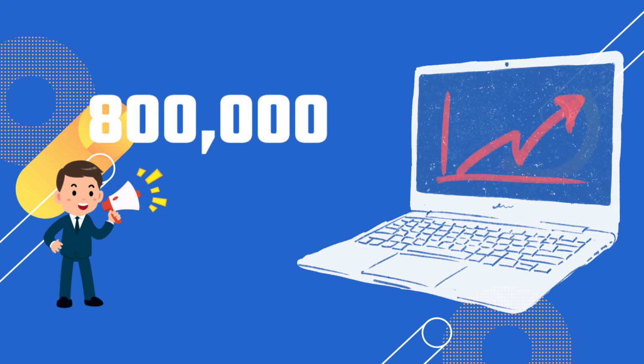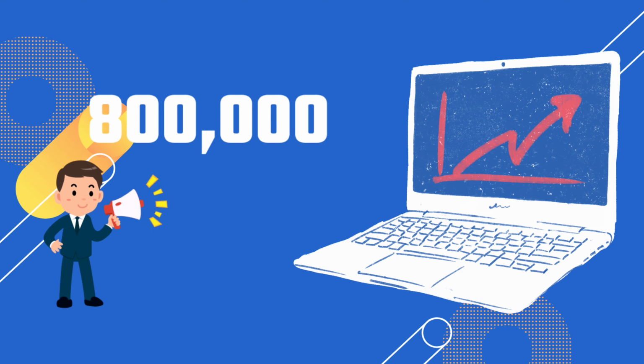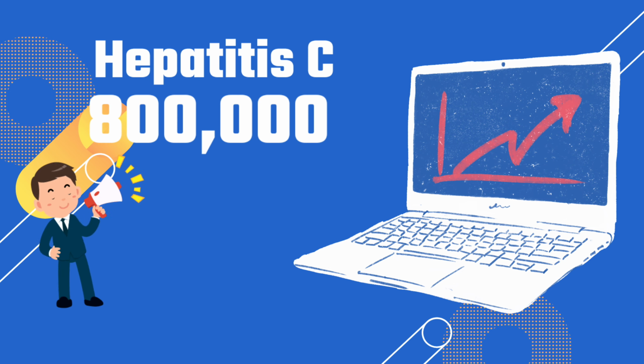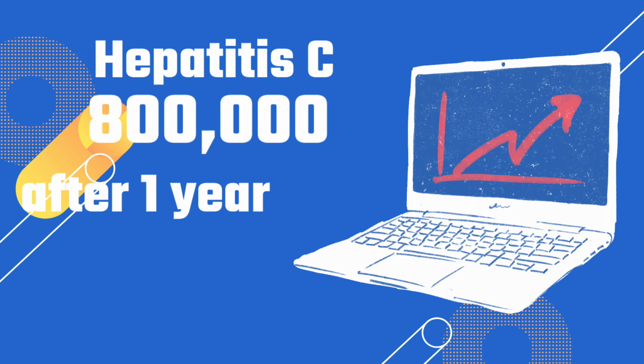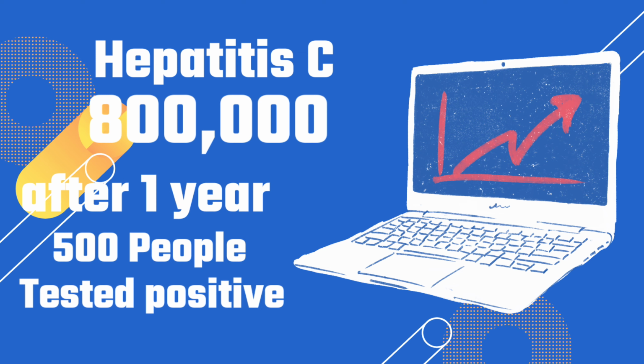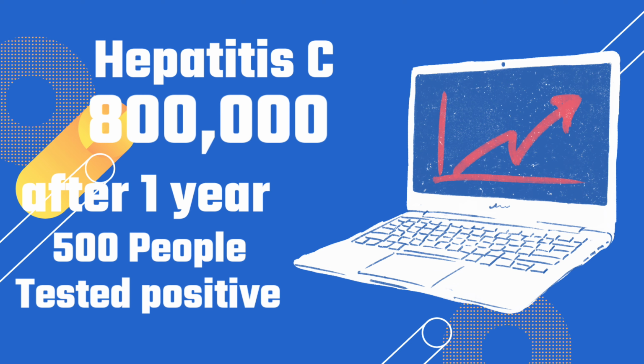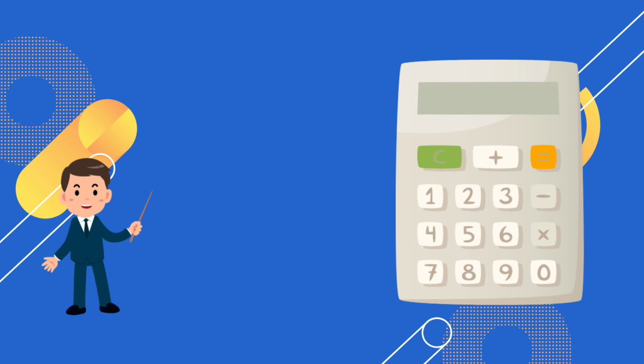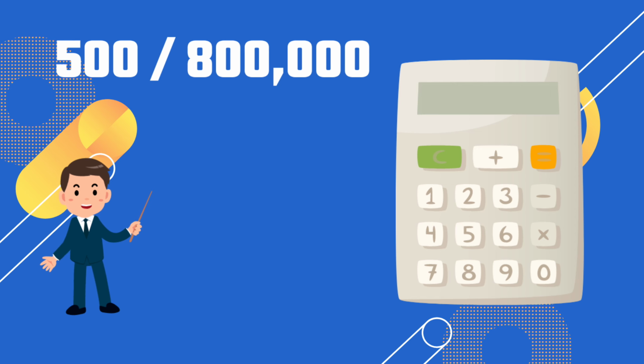For example, say you're studying a population of 800,000 people at risk for developing hepatitis C. After 1 year, you find that 500 of those people have tested positive for the disease. To calculate the incident rate, you divide the 500 cases by the population of 800,000.